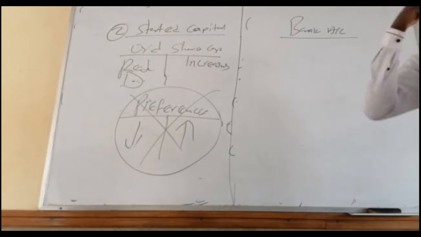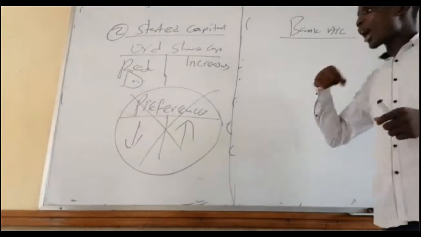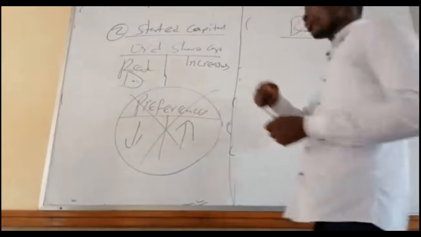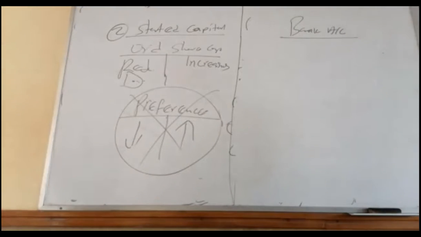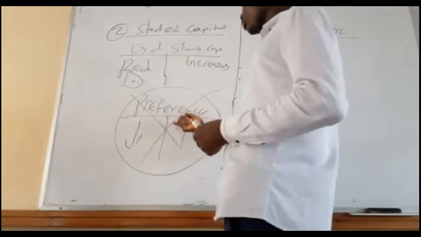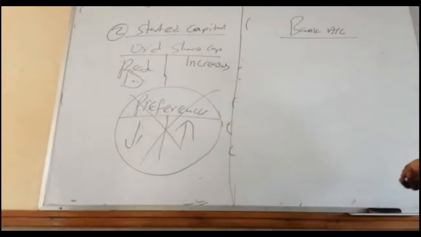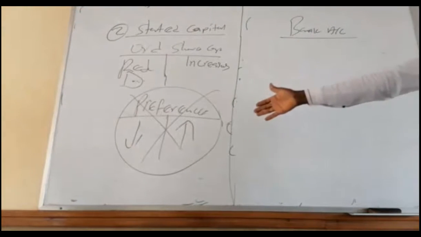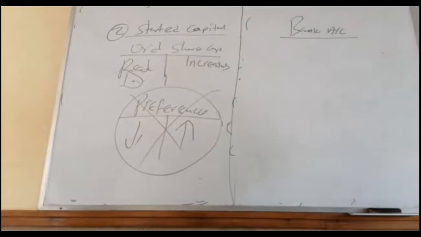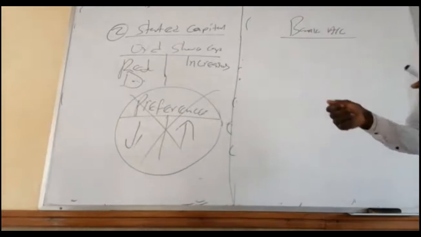So if you are struggling, all items that demand regular payment must be cancelled. One of them is preference shares. Whether you make profit or not, they come and take their dividend. It's fixed, like interest. Whether you make profit or not, you have to pay the interest on your loan facility, unless you negotiated well with your bankers for them to freeze the interest, even up to a certain level. They can't freeze for all.